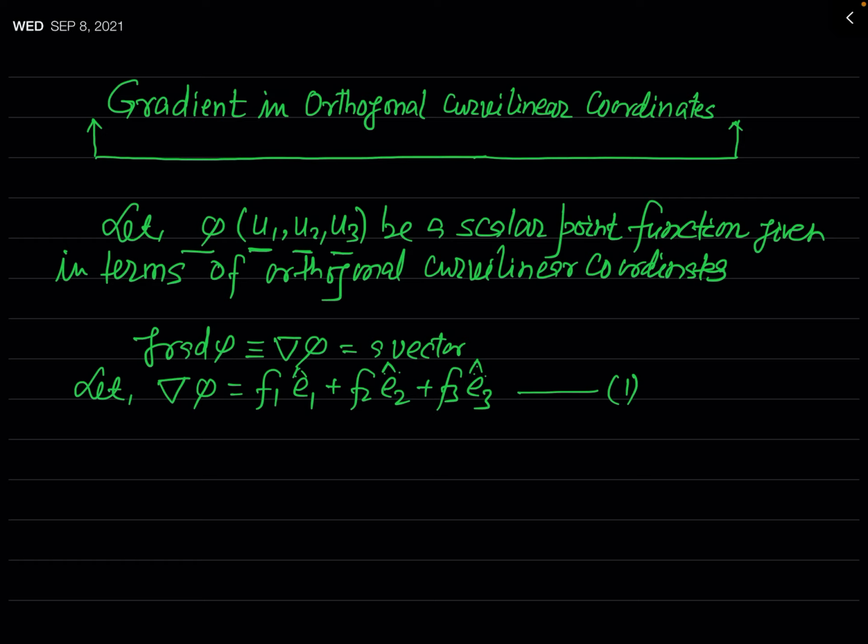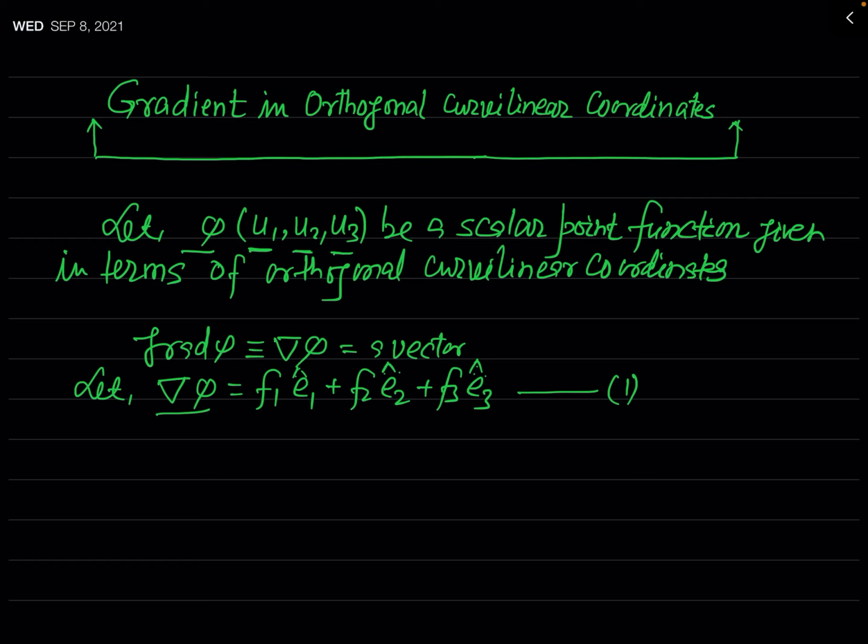Here e1 hat, e2 hat and e3 hat are the orthogonal unit vectors, and f1, f2 and f3 are the components of this vector del phi, that is grad phi, in the direction of the unit vectors e1 hat, e2 hat and e3 hat.